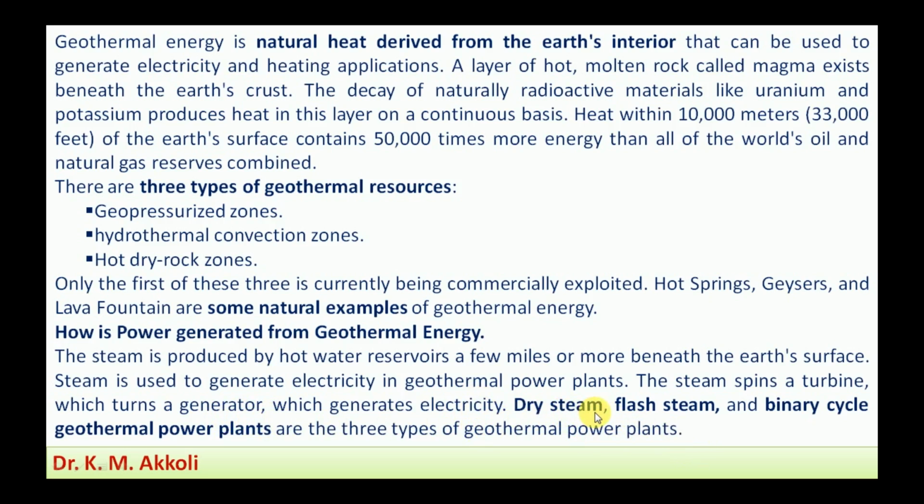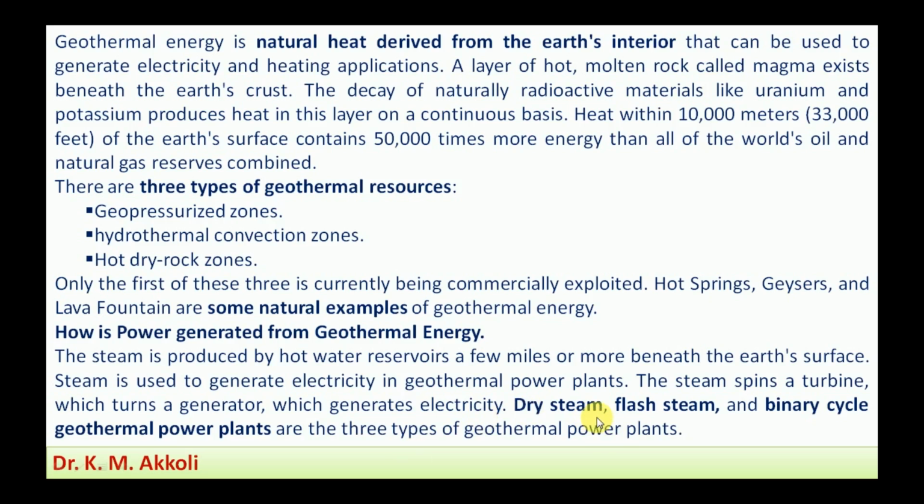Dry steam, flash steam, and binary cycle are three types of geothermal power plants. Those are dry steam, which is pure dry steam, that will not contain any liquid or water particles.